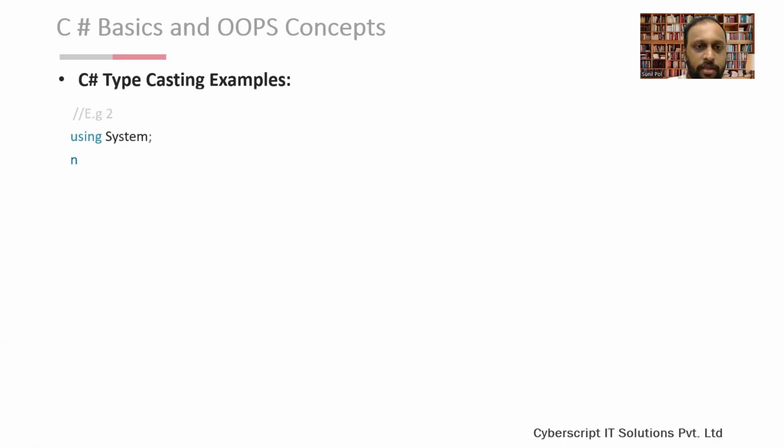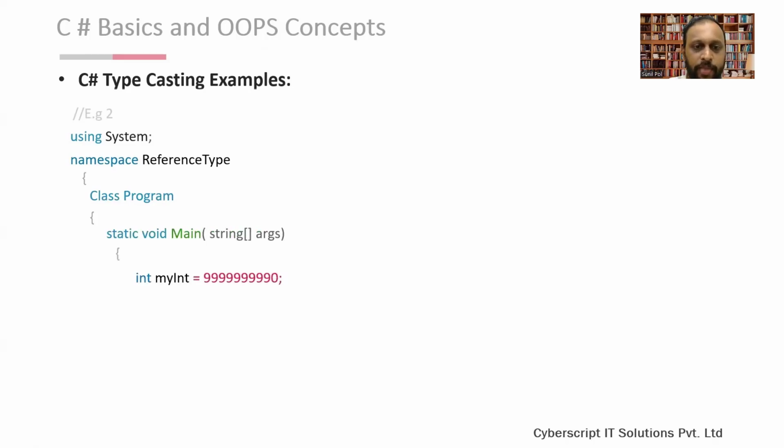So let's understand this with one more example. Here we have declared one class Program, and in class Program there is a static void Main method. Here we have declared one myInt variable and assigned a value to it, and simply assign that value to the myDouble variable. So this is automatic casting into double. It is done by the compiler only, but here we can see that myInt is an integer type variable and we are assigning a larger value which is out of the range of the integer data type.